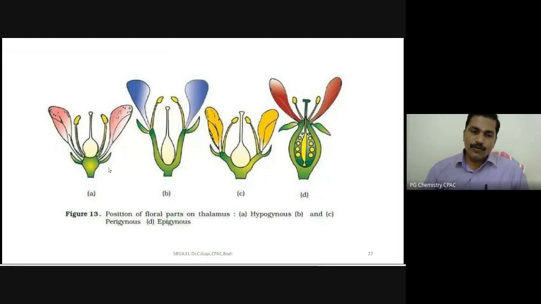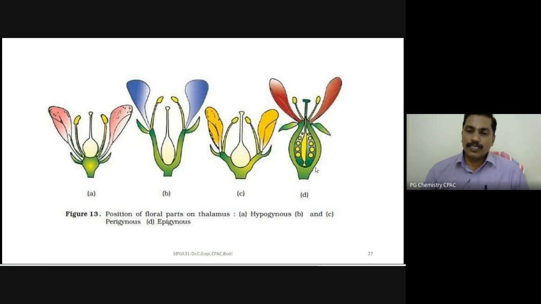If the floral parts like calyx, corolla and androecium are arranged below the ovary, it is called a hypogynous flower. If they are above the ovary, it is called an epigynous flower. See, A and D, you compare. If the ovary appears above, that is a hypogynous flower.